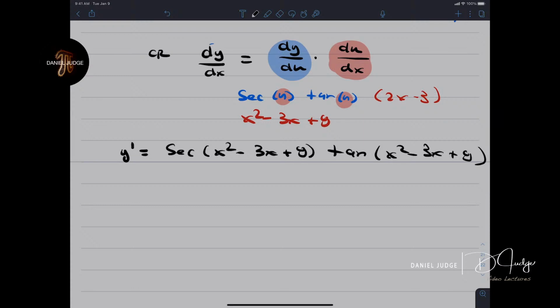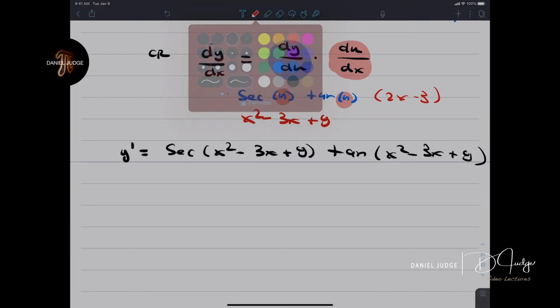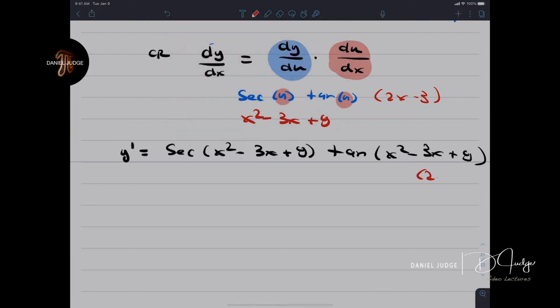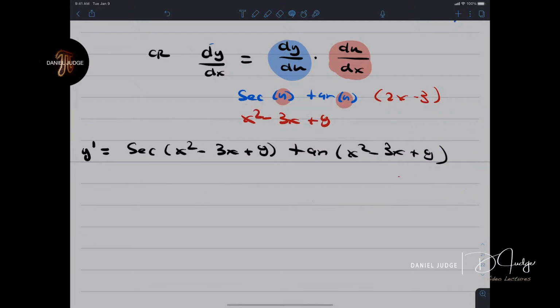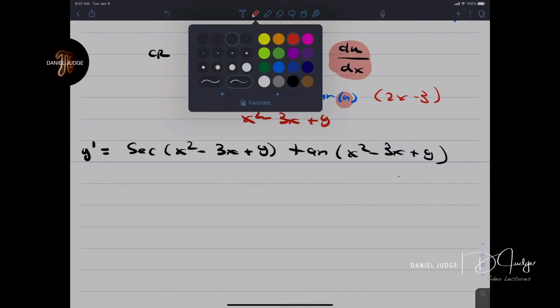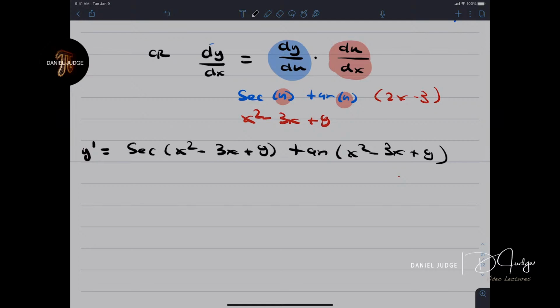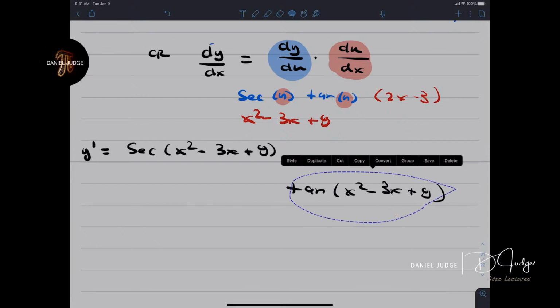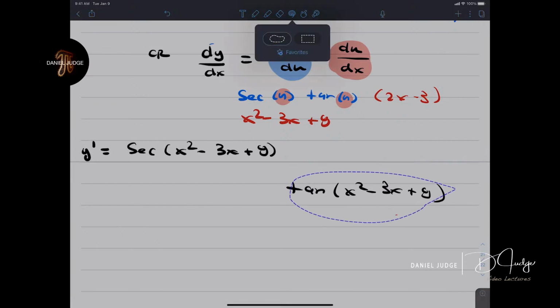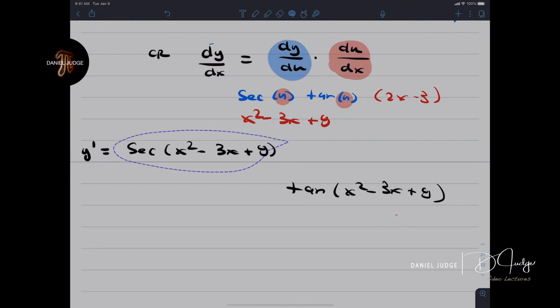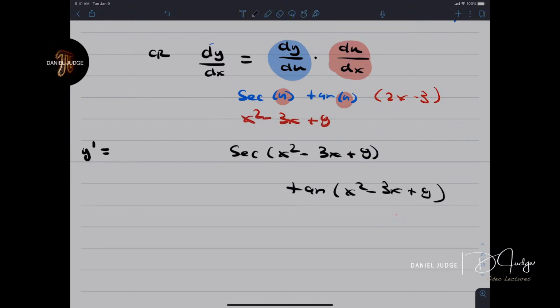And that has to be multiplied by 2x minus 3. So it looks like we're out of space here. You have to multiply it by the chain. And if you like, we can move some things here. There's a product.